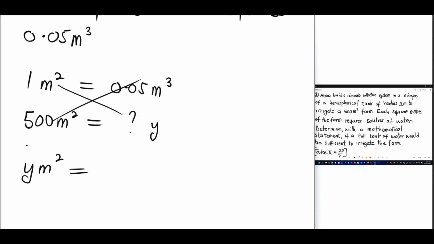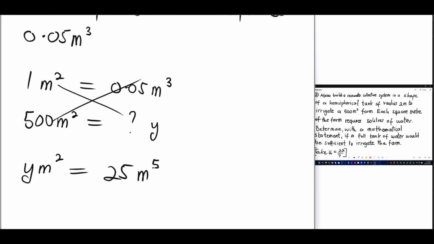We are going to get 0.05 times 500, that will give us 25. Then we have m exponent 5, because m squared multiplied by m exponent 3, since we are multiplying, we apply the product rule of indices, so we add the powers. This one will be power 5.